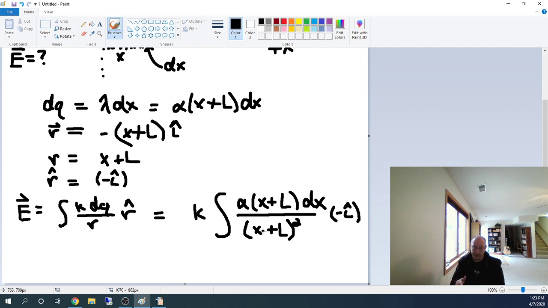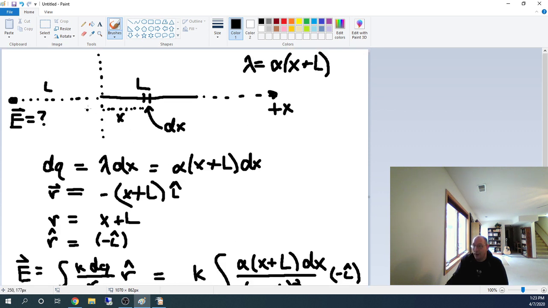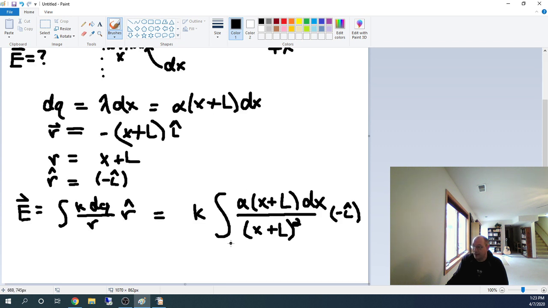So the setup is important and valuable and useful, but I'm going to construct it so that the integration is actually simple. Now what I need to do here is figure out what the values of x are that correspond to all the little pieces here. Well, it starts out at x equals 0 and goes all the way out to x equals L. So that's my limits of integration. I'm going from x equals 0 to x equals L.